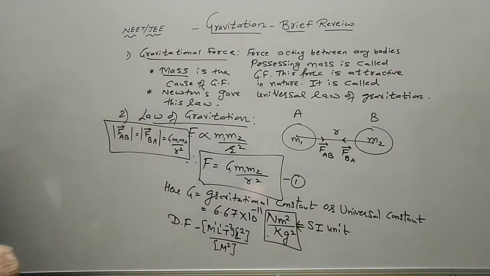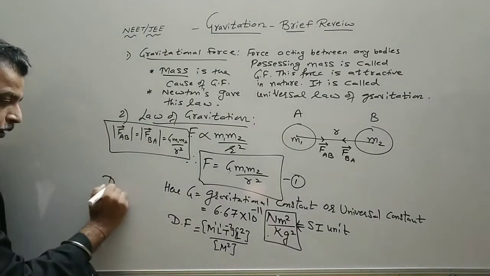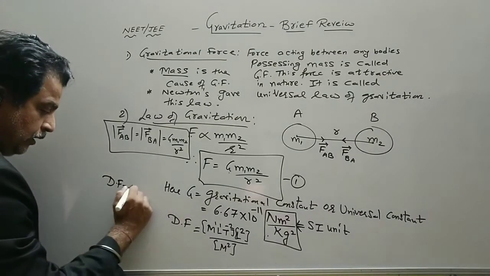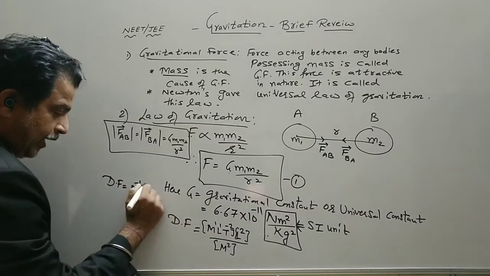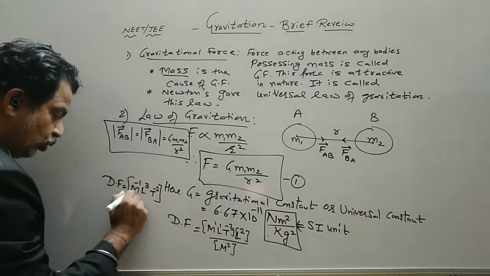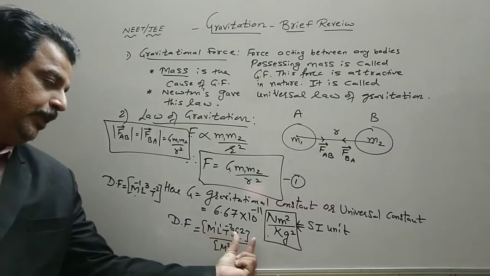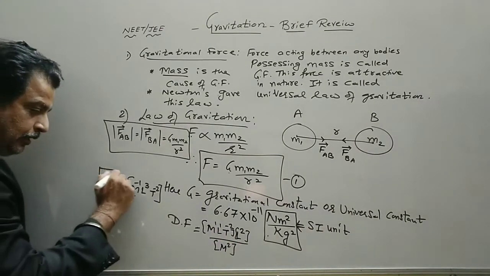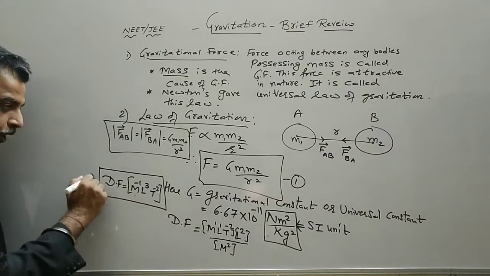So the dimensional formula of the gravitational constant is M minus 1 L raised to 3 T minus 2. So that is Newton meter square per kg square. Again, the dimensional formula is important.